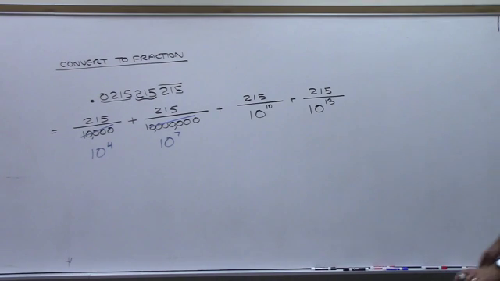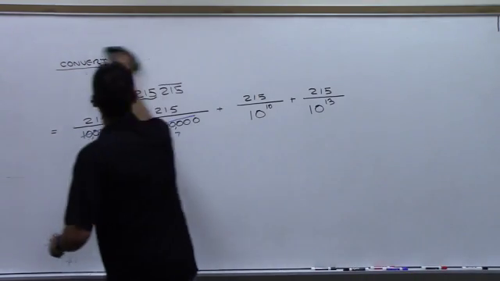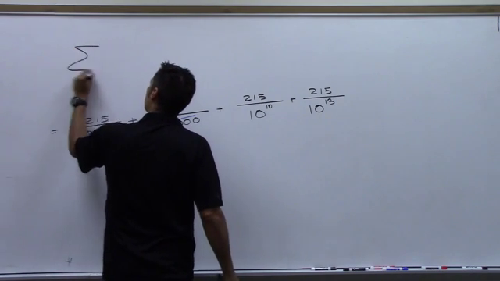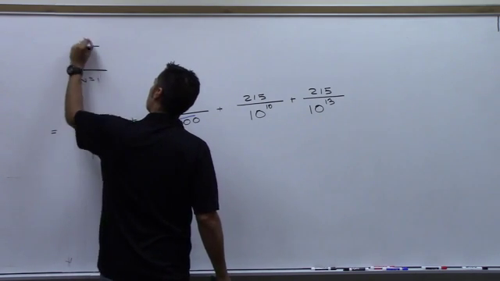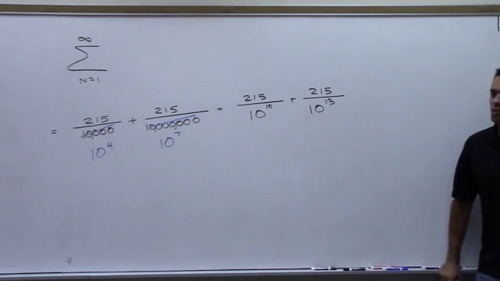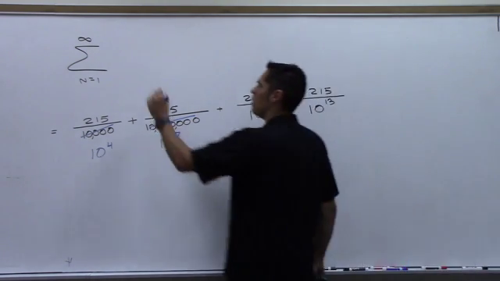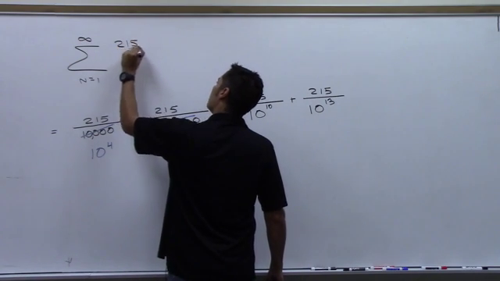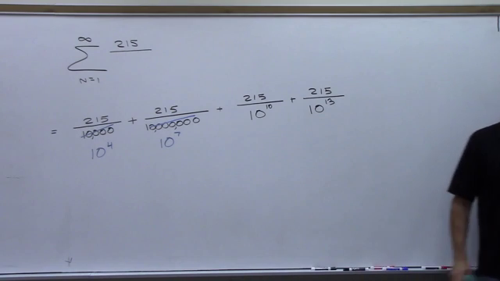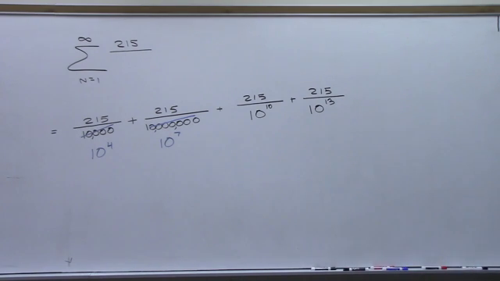Let's try and write this as a series, n equals 1 to infinity. What never changes? 215, always on top. And then all of the denominators are 10 to some power.